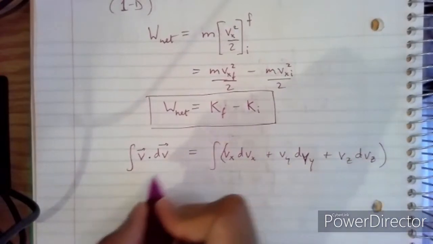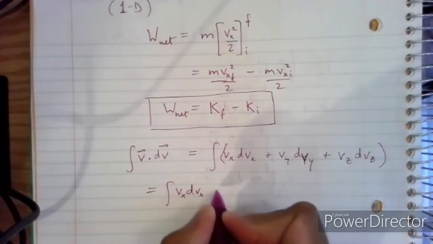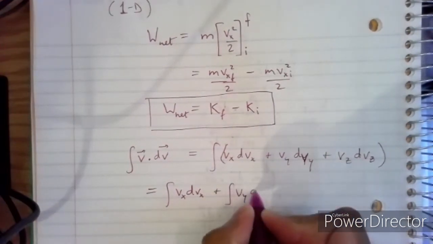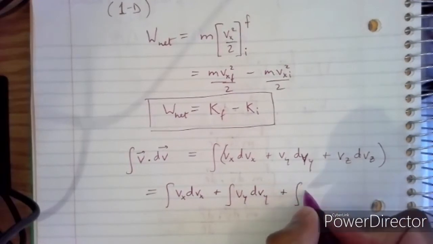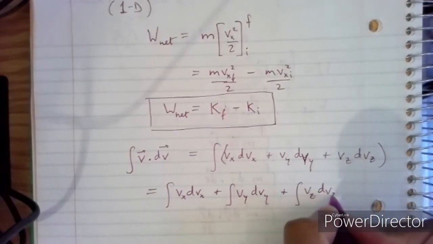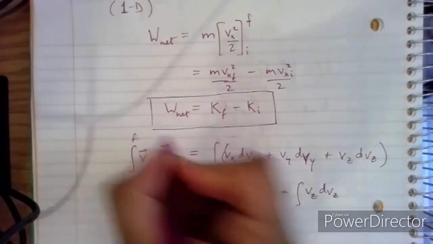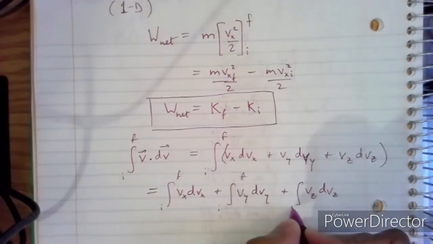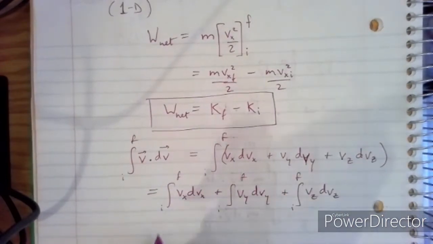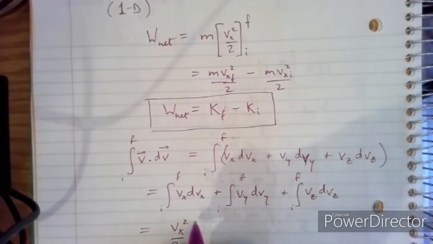So I can split this up into 3 different integrals, all from initial to final. And each of them would turn into this v squared over 2 form.